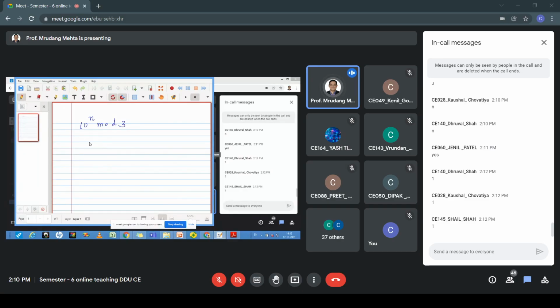So what we can do? 10 mod 3 raised to n mod 3. So this is equal to 1 raised to n mod 3. And what is the answer? 1 mod 3. That is 1. Clear?